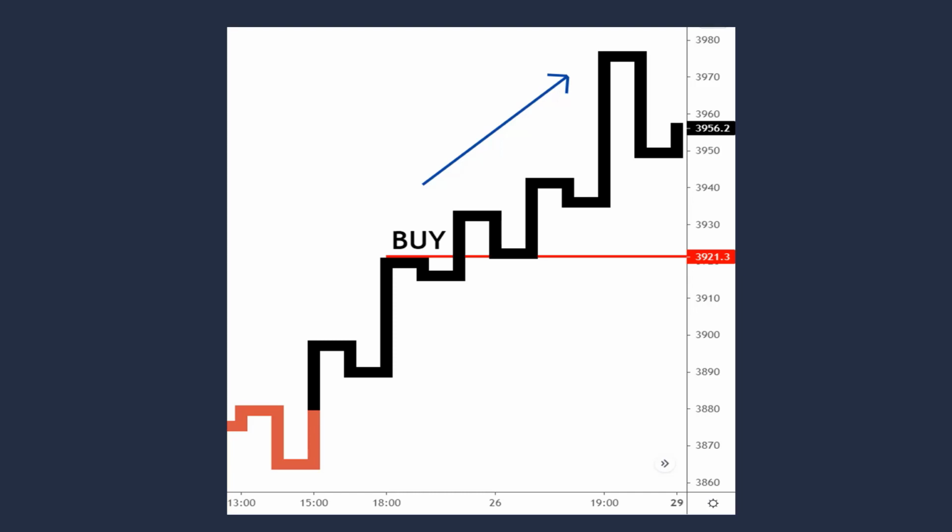Much safer, and it carried on and was a successful trade, possibly netting you 60 points in the next hour and a half, 2 hours. So a safer way of trading the change in the line colour.